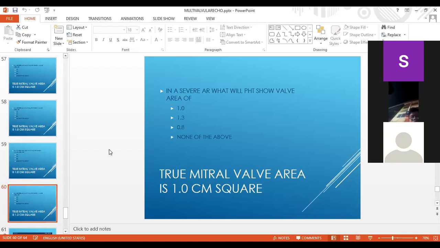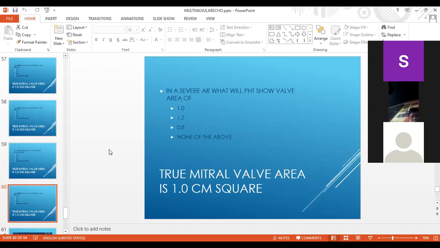But in severe AR, if it is not a central jet and the jet is hitting the anteromitral leaflet several times, it prevents opening of the mitral valve in diastole, because the jet of AR prevents opening of the anteromitral leaflet.